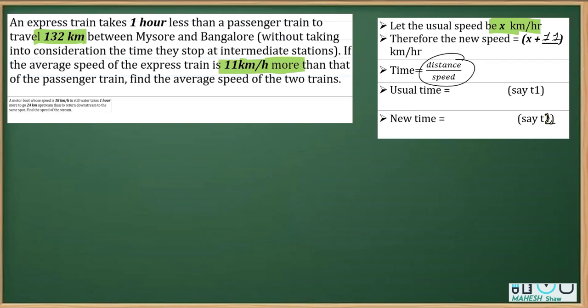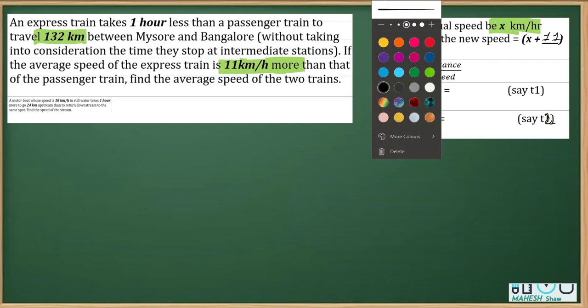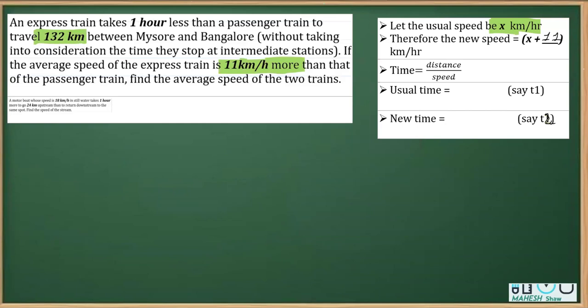Using this relation, speed is equal to distance upon time, so time is distance upon speed. In the usual case, the time is 132 over x. In the next case, it is 132 over x plus 11.